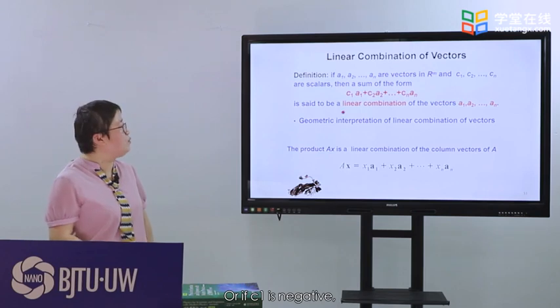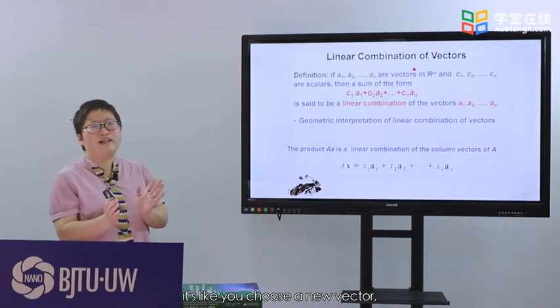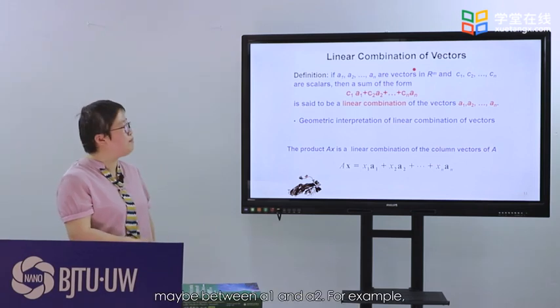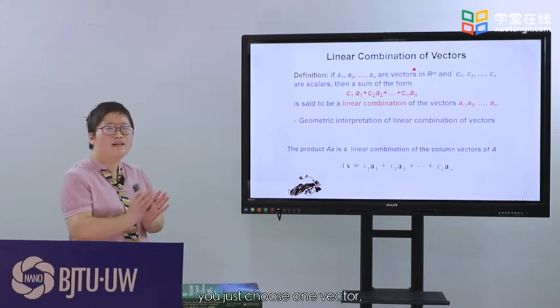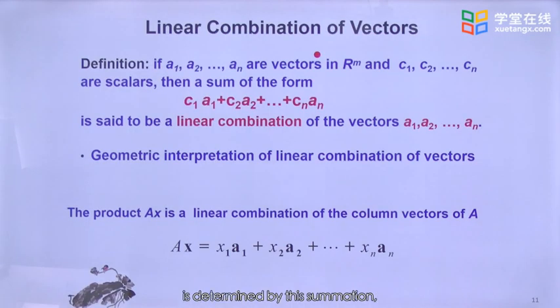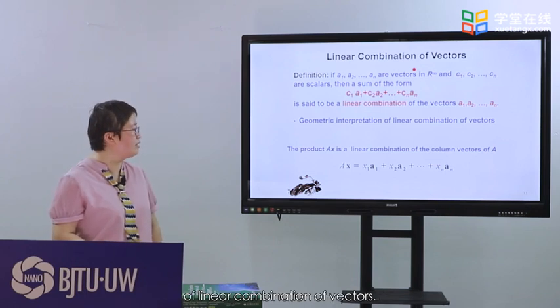If c1 is negative, you choose the opposite direction. So this is for the scalar multiplication. Then if you do this summation, for example c1a1 plus c2a2, you choose a new vector whose direction is determined by this summation, maybe between the two directions a1 and a2. Okay, this is the geometrical interpretation of linear combination of vectors.